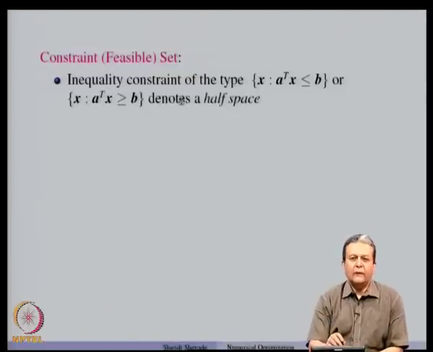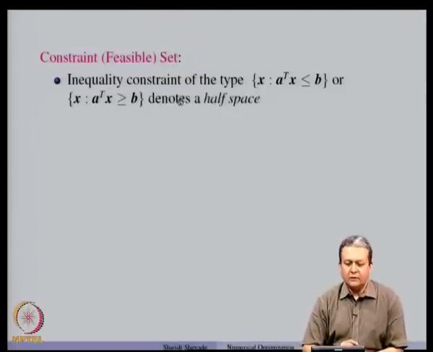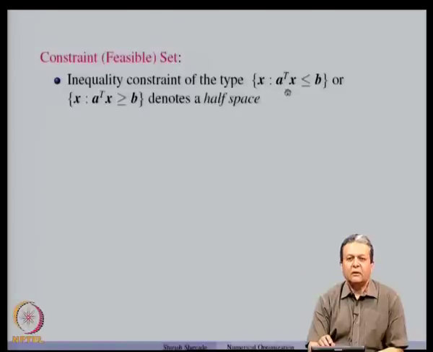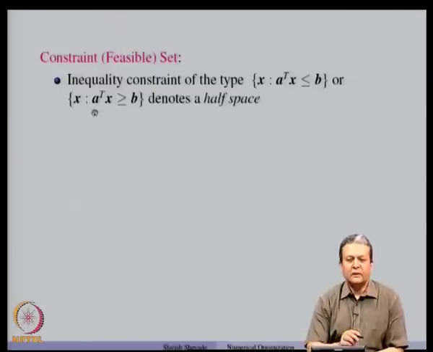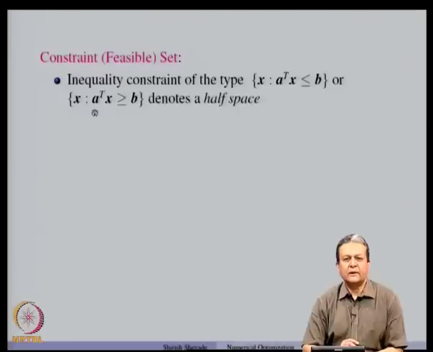Now, if we take inequality constraints of the type, the set of all x such that A transpose x less than or equal to b, or the set of all x such that A transpose x greater than or equal to b, that denotes a half space.